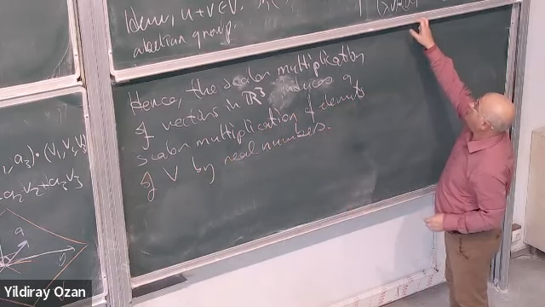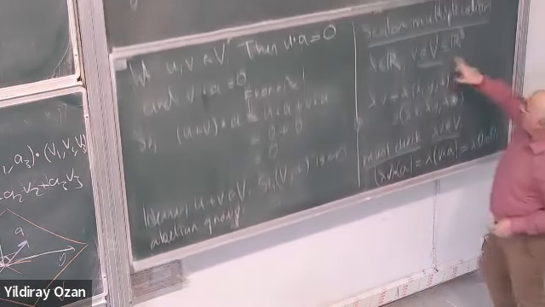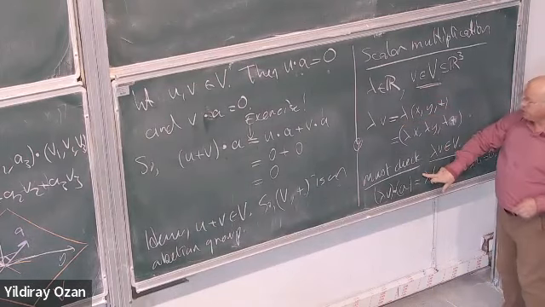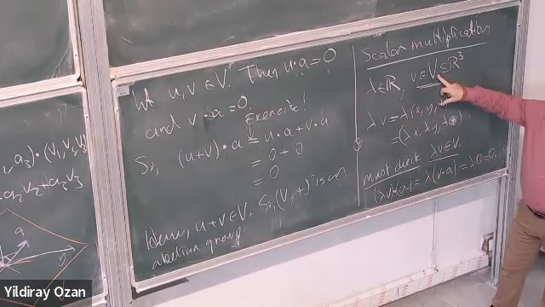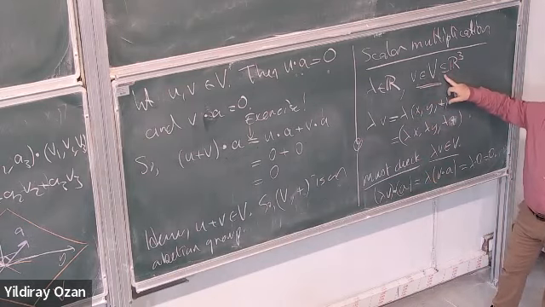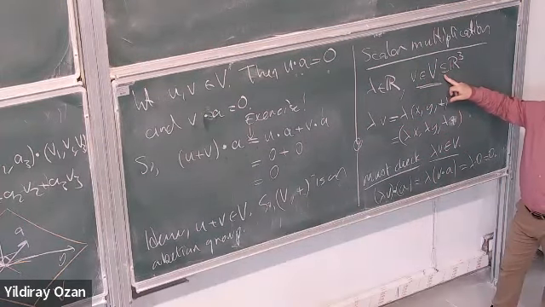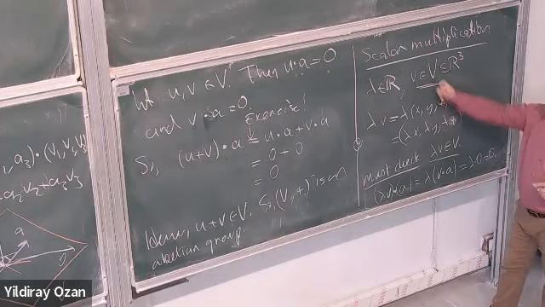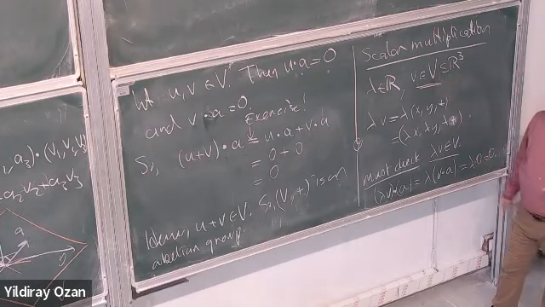I know how to multiply a vector in R3 by a real number, and we see that if that vector is in V, then lambda times that vector is also in V, so that this multiplication by scalars induces a scalar multiplication on V.